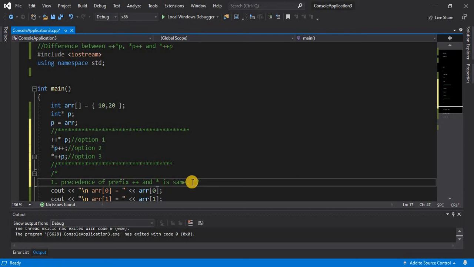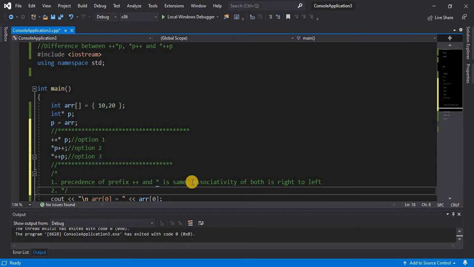Okay, and associativity of both is right to left. So you need to remember this rule number one.